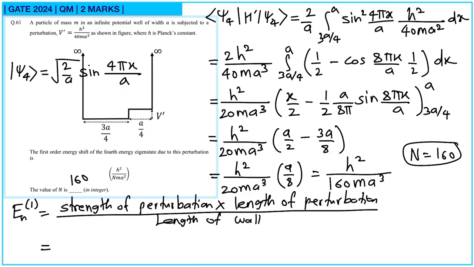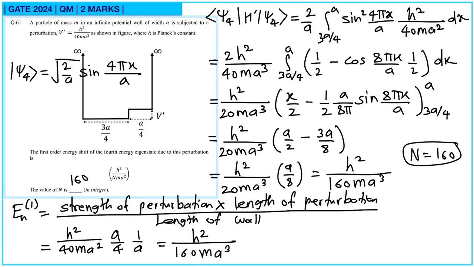So here the strength of perturbation is ħ square upon 40 m a square, the length of perturbation is a by 4, and the length of well is a. So this is equal to ħ square upon 160 m a square, sorry, here also it is square. So the answer is 160, and the answer given in the answer key is 160.